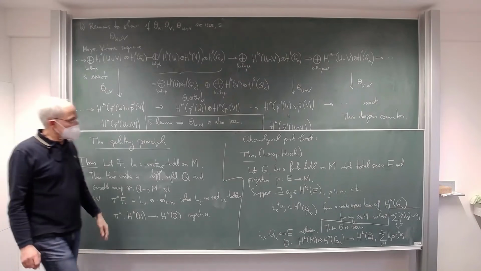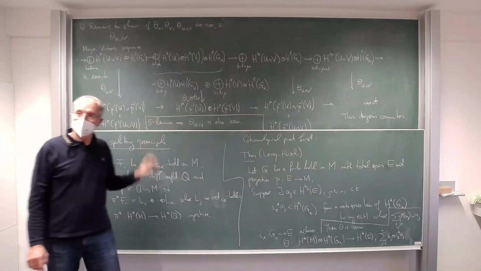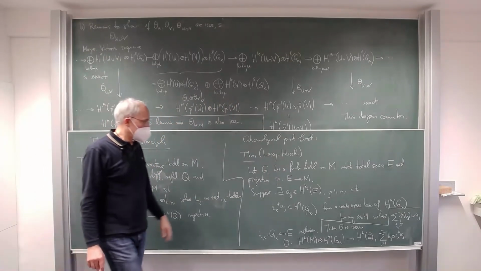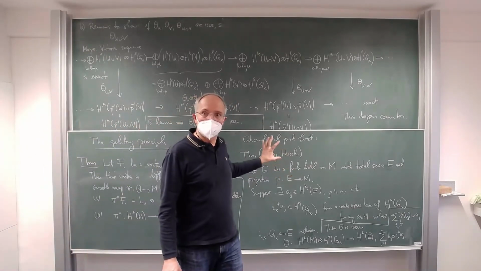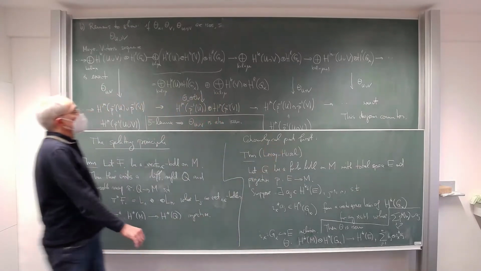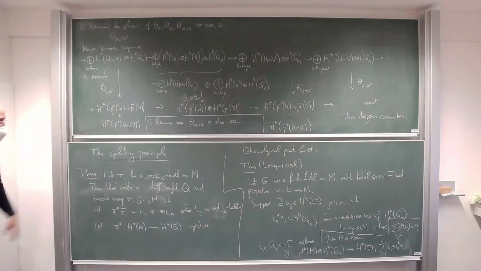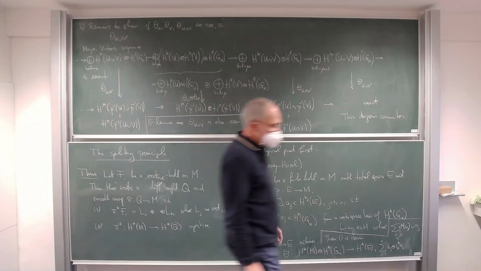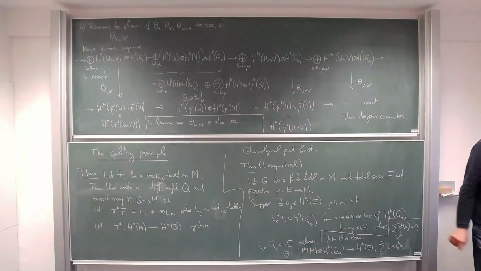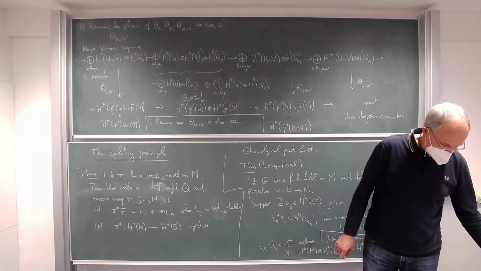But the theorem holds more generally without this assumption of finite type, and then you need to argue somewhat differently, but the basic idea is still the same. All right, so that's the Leray-Hirsch theorem. And now we want to use that to prove our splitting principle. This is what we are after all.